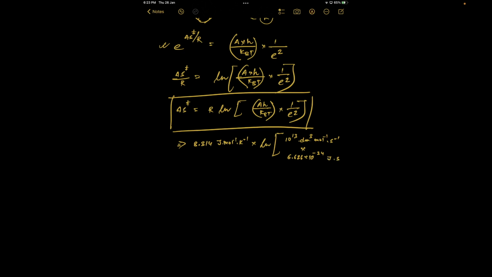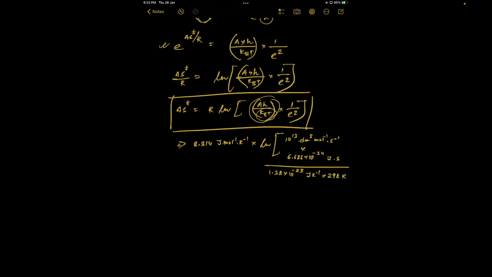So it should be joule second, right? Then divided by kBT, where kB is the Boltzmann constant, 1.38 times 10 to the power minus 23 joule Kelvin inverse, times T, the temperature, which is 298 Kelvin, right? This whole thing times 1 upon e square.